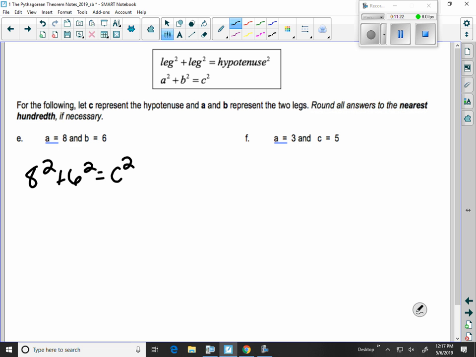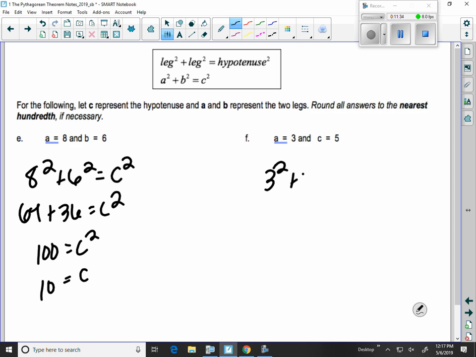So we'd have 60, that would be 100. I'm getting ahead of myself. Oh, that's C.